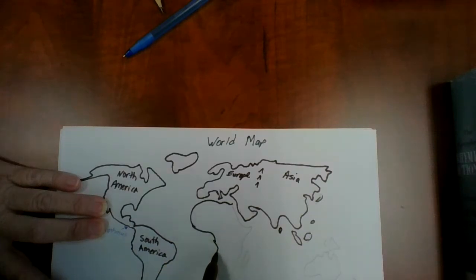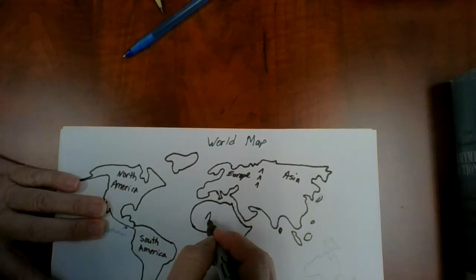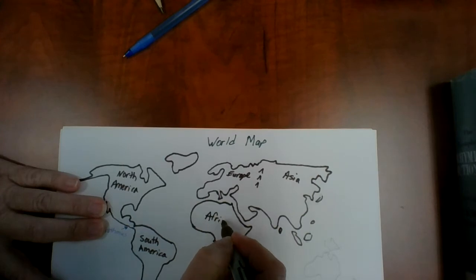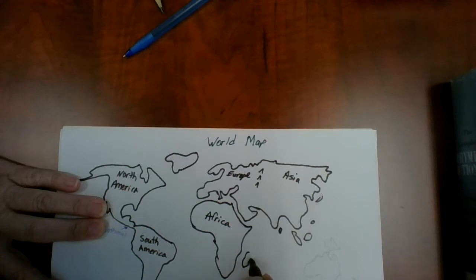Over here we have Africa. I remember Africa because right here it's shaped kind of like a rhinoceros horn, and I know a rhinoceros can be found in Africa. This is Madagascar.